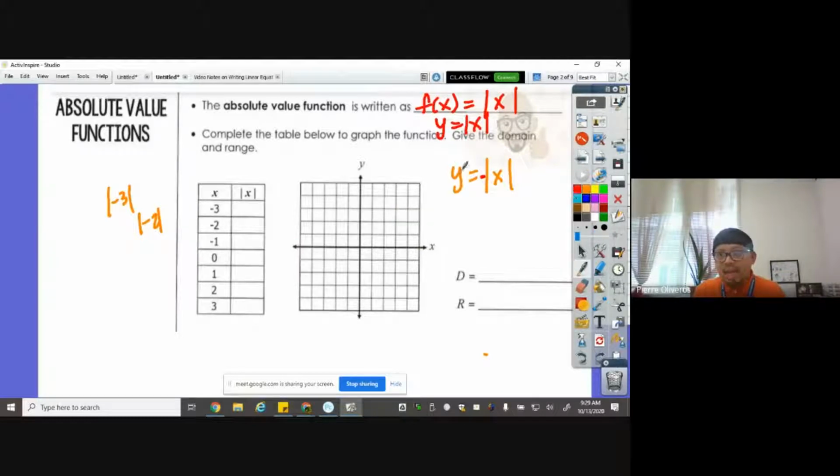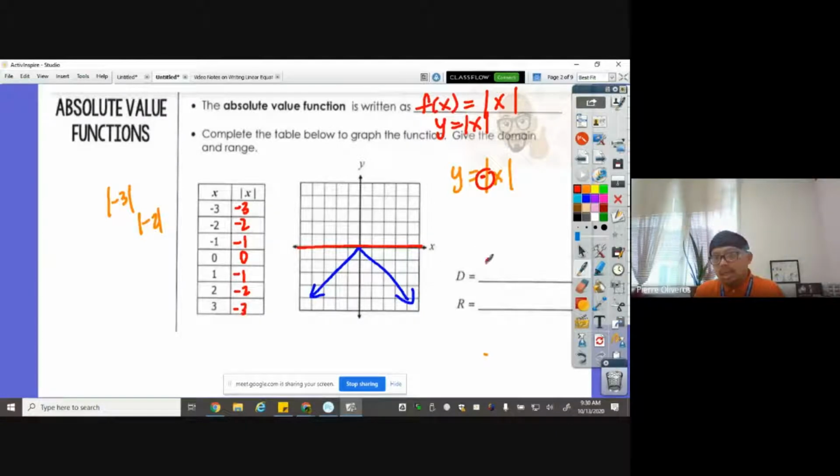If you have a negative outside, the graph opens downward. It reflects over the x-axis. Every time you have a negative there, it opens downward. The values on the table will remain the same, except they will be negative because there's a negative outside. So this will be -3, -2, -1, 0, -1, -2, -3, okay?